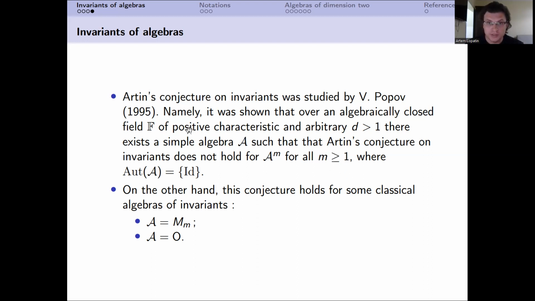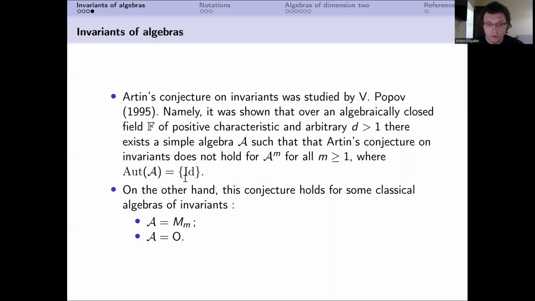But in Popov's example, we always have that the group of automorphisms is trivial. So this example is nice, but in the case where the group of automorphisms is trivial, we actually don't really have to study invariants, because what invariants do we have here? Here, the algebra of invariants is the same as the coordinate ring. If it's the same as the coordinate ring, of course, we may, out of curiosity, ask: is it generated by traces?